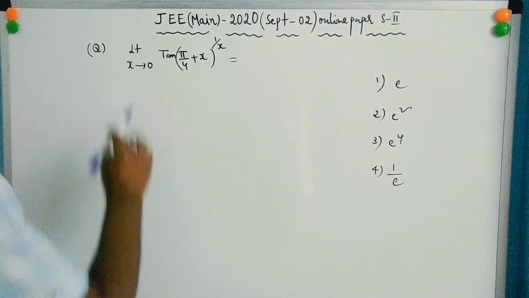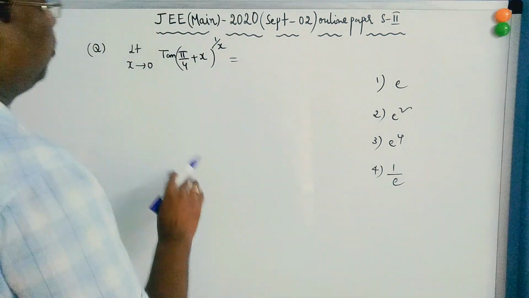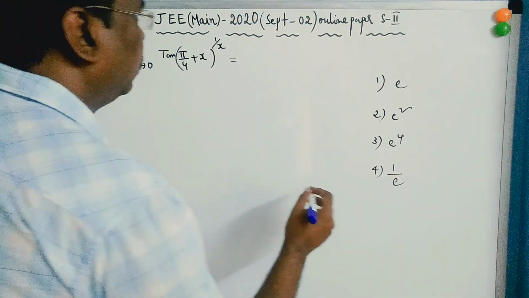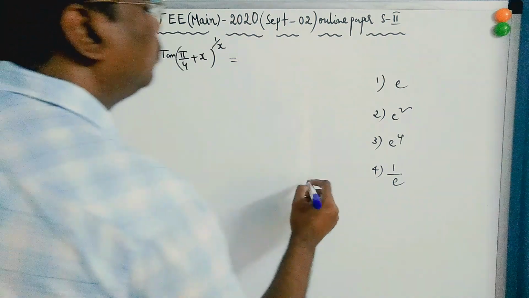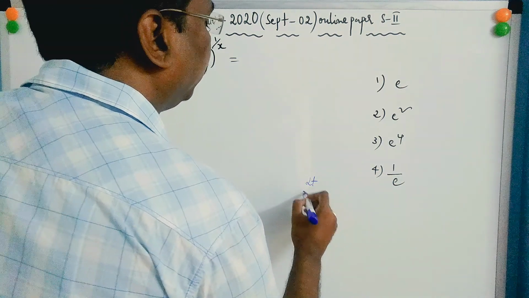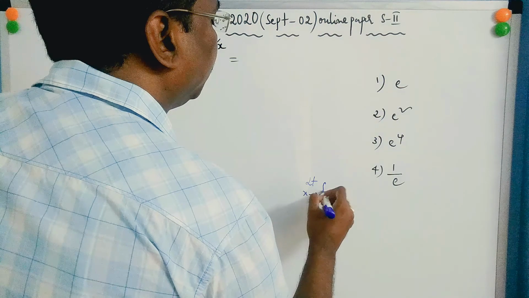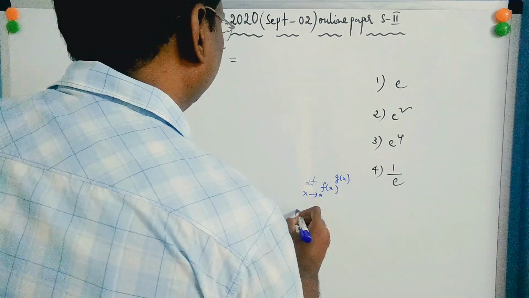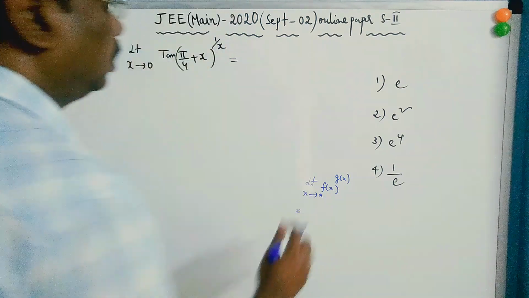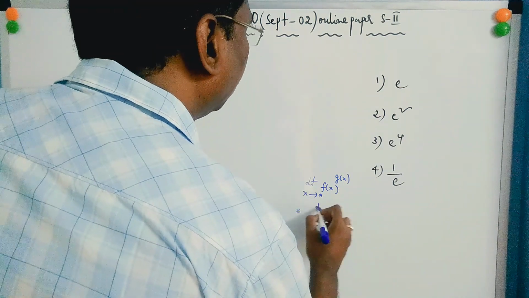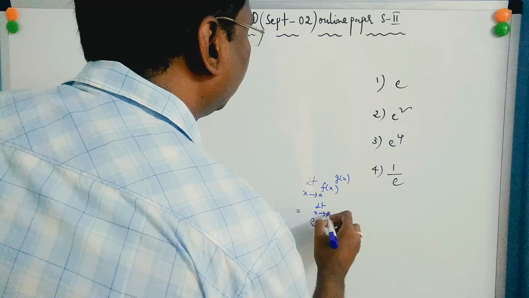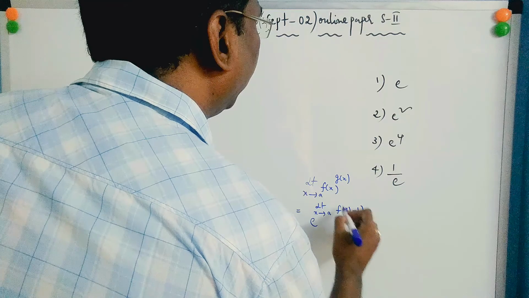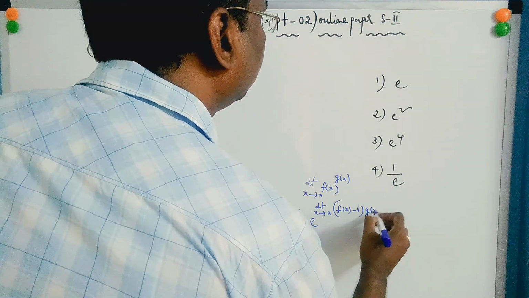Next one, limit x tends to 0, tan of pi by 4 plus x, power 1 by x. Now limit x tends to a, f of x power g of x is equal to e power limit x tends to a, f of x minus 1 into g of x.